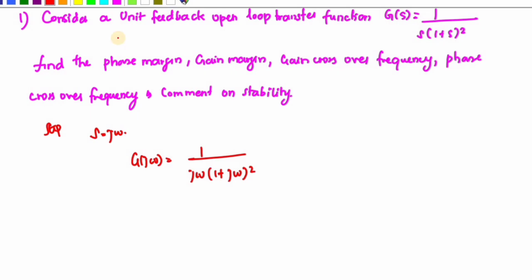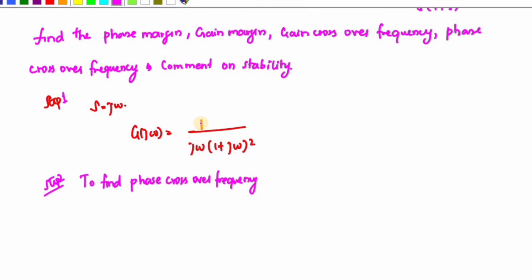So first let us find out the phase crossover frequency. This is step 1. To find the phase crossover frequency, 1 divided by j represents minus 90 degree.